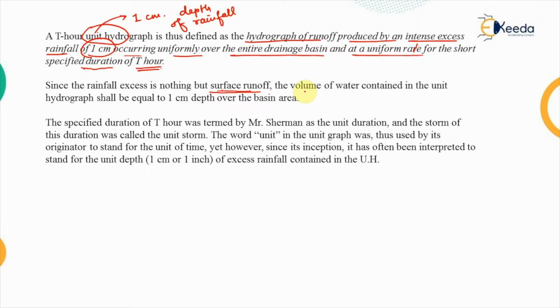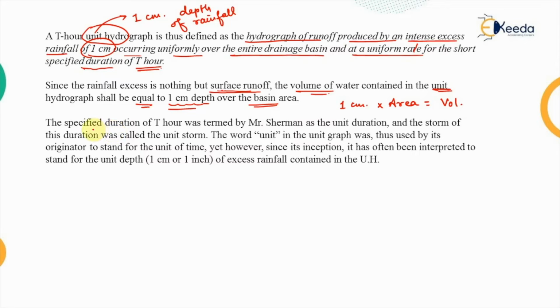So the volume of the water contained in the unit hydrograph will be equal to 1 centimeter depth over the basin area, because the depth of the water into the area gives us the volume of the water contained within this.